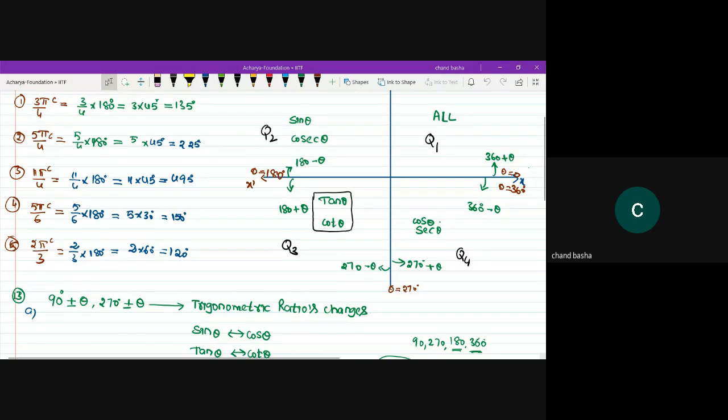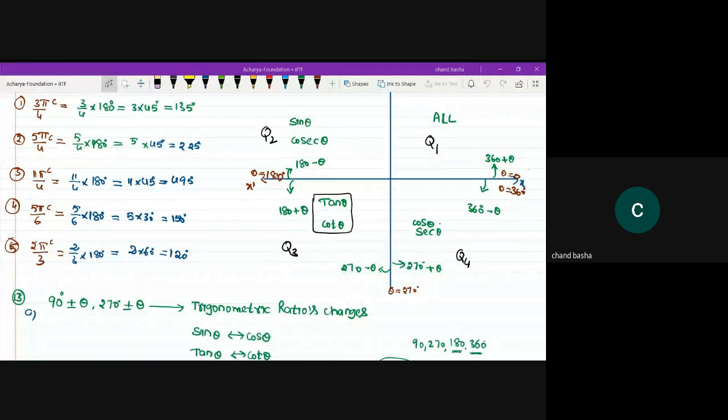Clear? Right. If you're having any doubt related to this concept, you can ask. Yes, Rohan. Sir, we start from the positive y-axis and go anti-clockwise, no, sir? In the anti-clockwise direction. Yes, even yesterday, in the first class, I discussed that the angle can be measured in the anti-clockwise direction only.